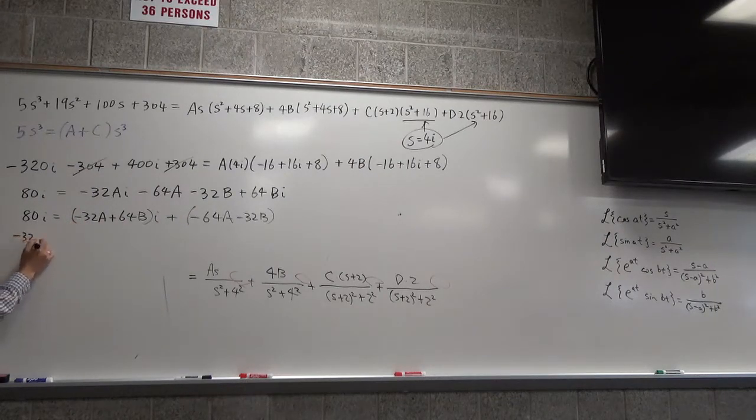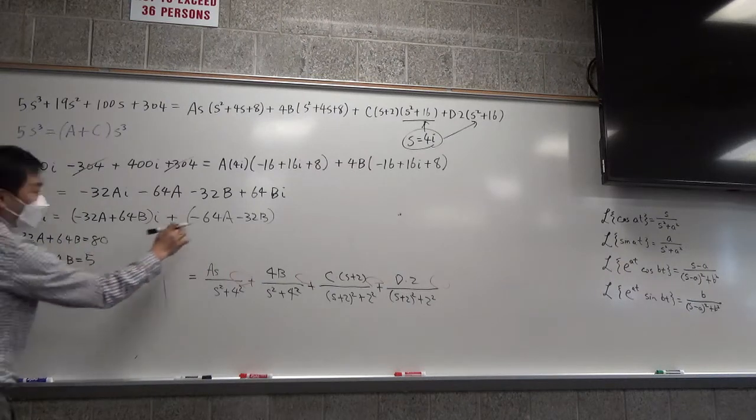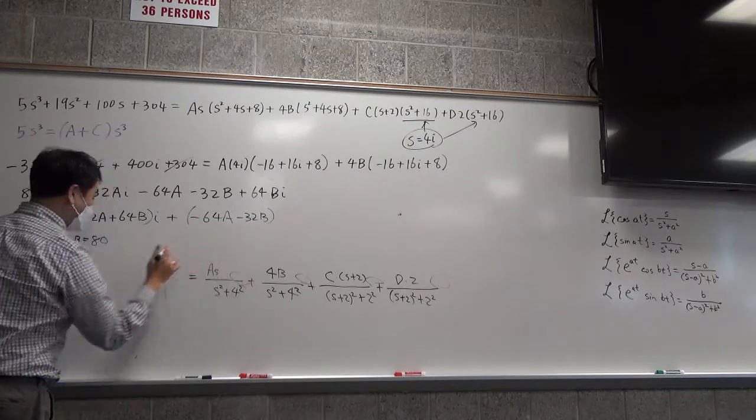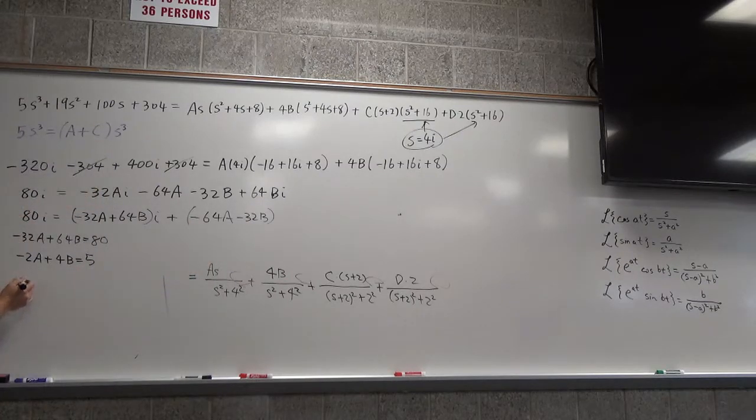So negative 32a plus 64b must equal 80, which, by the way, is divisible by 16. So if I divide by 16, you get negative 2a plus 4b equals 5. That's 1. And on the other hand, this has to equal 0, right? So if you divide by negative 32, that gives you 2a plus b equals 0.